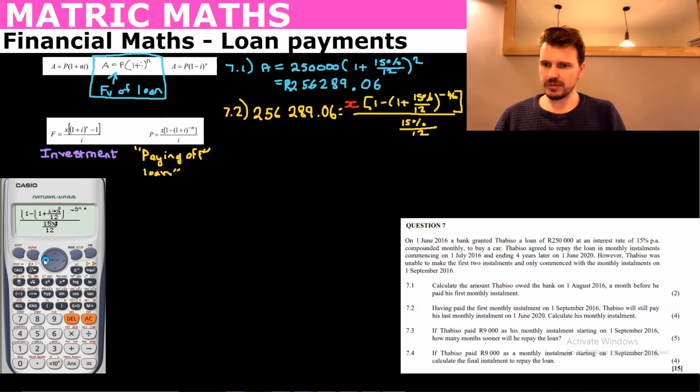Now for those of you who want to do it in one step, to get x by itself, all you're doing is simply this 256,289.06 divided by this to get x by itself. So you would say 256,289.06, and with 0625, we can actually put the 0625 there, divided by that whole thing.